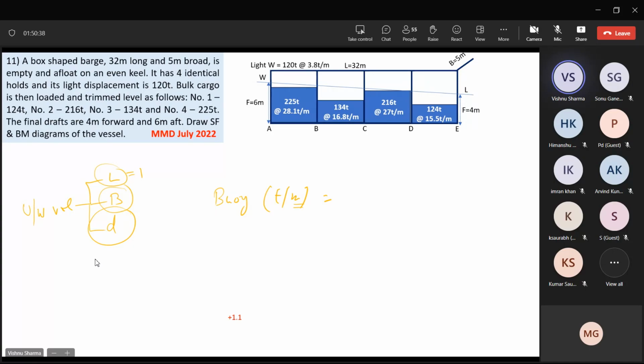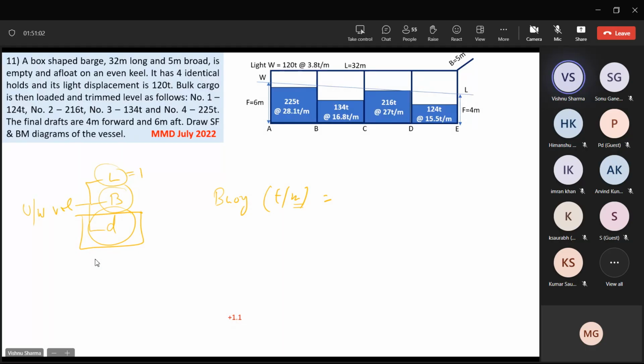The after parts displace more water. So in those portions, the buoyancy per unit length will be more compared to the buoyancy in the forward region. Therefore, buoyancy per unit length at different points along the length will depend on something that is changing along the length. And what is changing along the length is the draft.